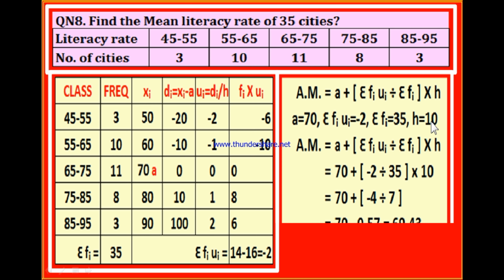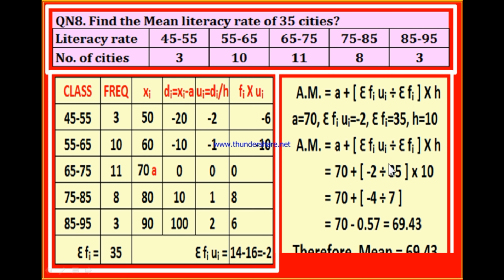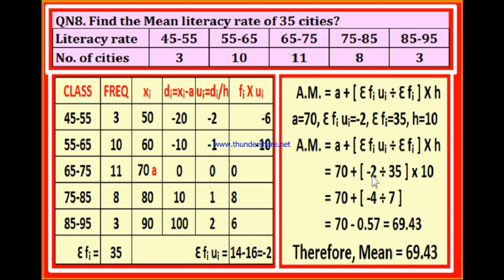We wrote all these values, and AM is equal to a plus sigma fi ui divided by sigma fi into h. Substitute these values one by one. A value 70 plus sigma fi ui is minus 2, divided by sigma fi is 35, into h is 10.